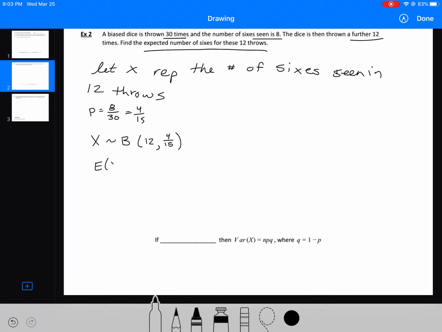Now I can find my expected value as n times p, which would be 12 throws times 4 out of 15, the probability of getting success. Let's reduce a little bit first. You can divide those both by 3.